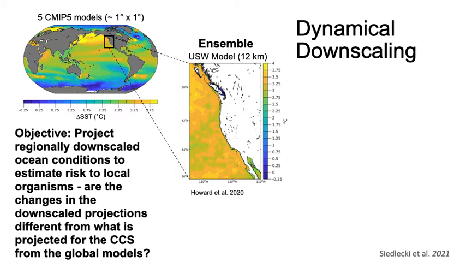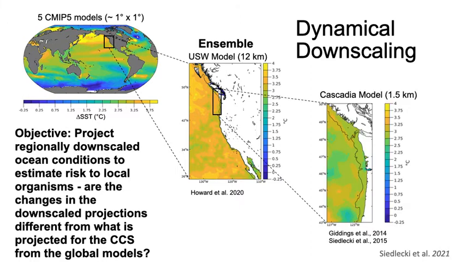Then we further downscaled the Northern California current system using an existing ROMS model setup at 1.5 kilometers resolution. Both of these ROMS models are complete with biogeochemistry.